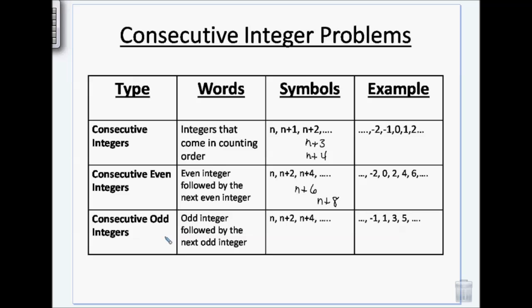If we start with 5, we go 5, 7, 9, 11. To get from 5 to 7, you add 2, and from 7 to 9, you add 2 more. So with evens and odds, you add 2 each time. With plain old consecutive integers, you add 1 each time.